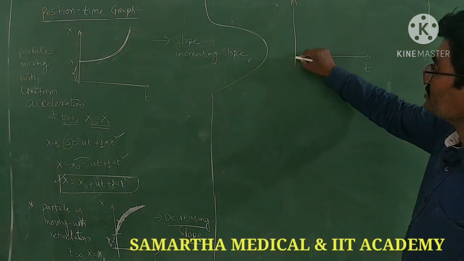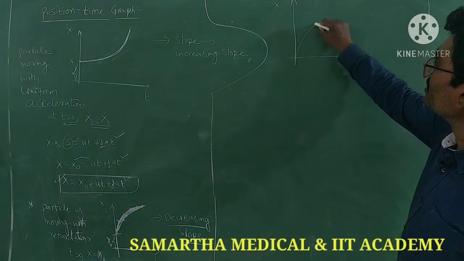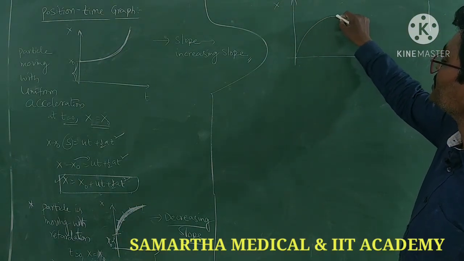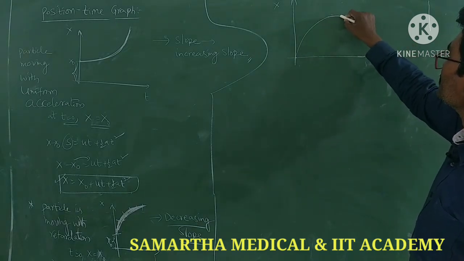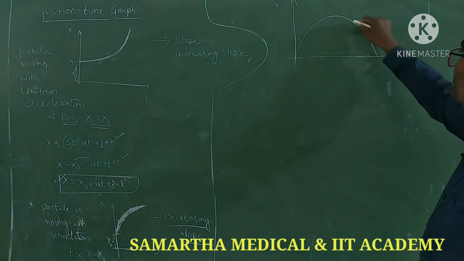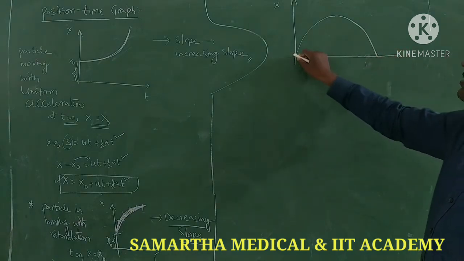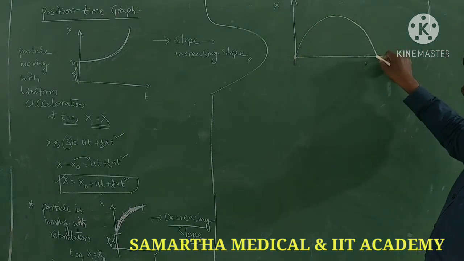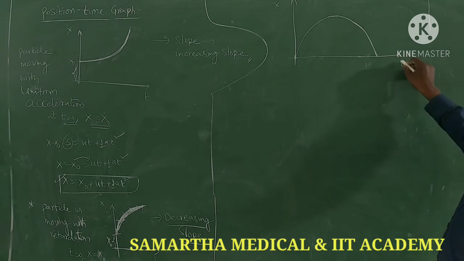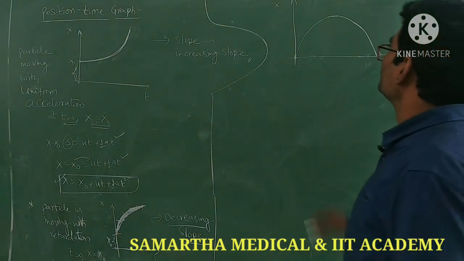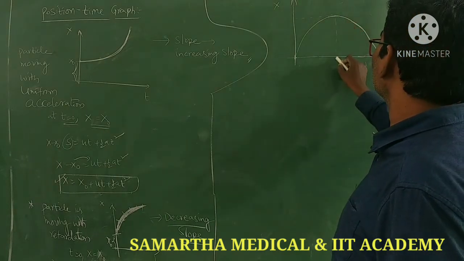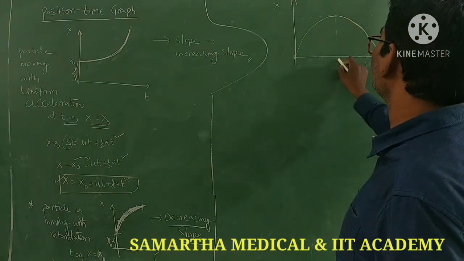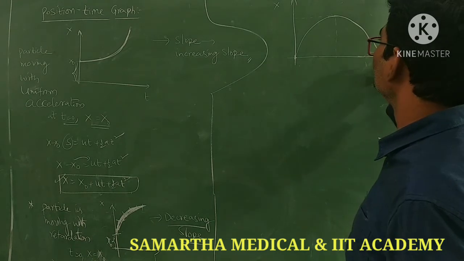The particle is first thrown, its displacement reaches a maximum height, and after that it returns to the ground. So the final displacement will be 0. From where it started, after some time it reaches the same position. So time is this. Now the position of this particle, here is the maximum displacement. From here to here it is the time of ascent, here to here it is the time of descent, right?